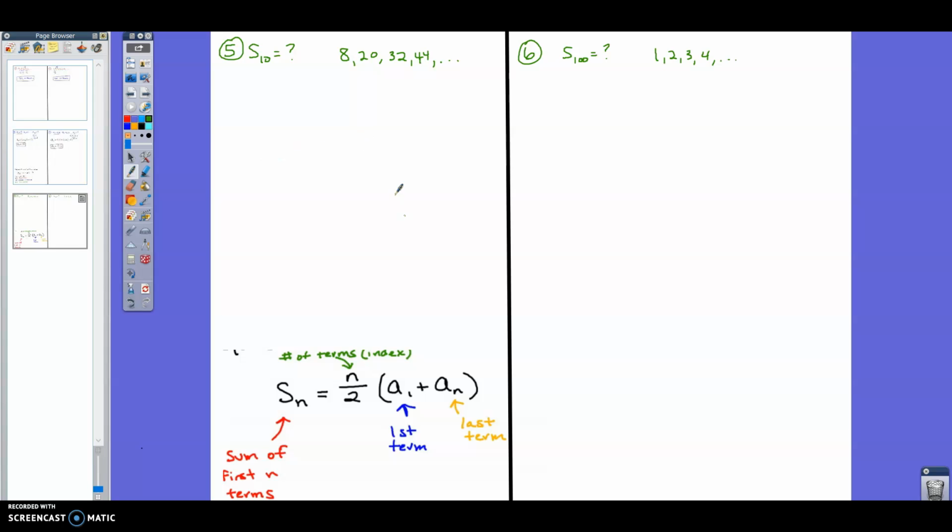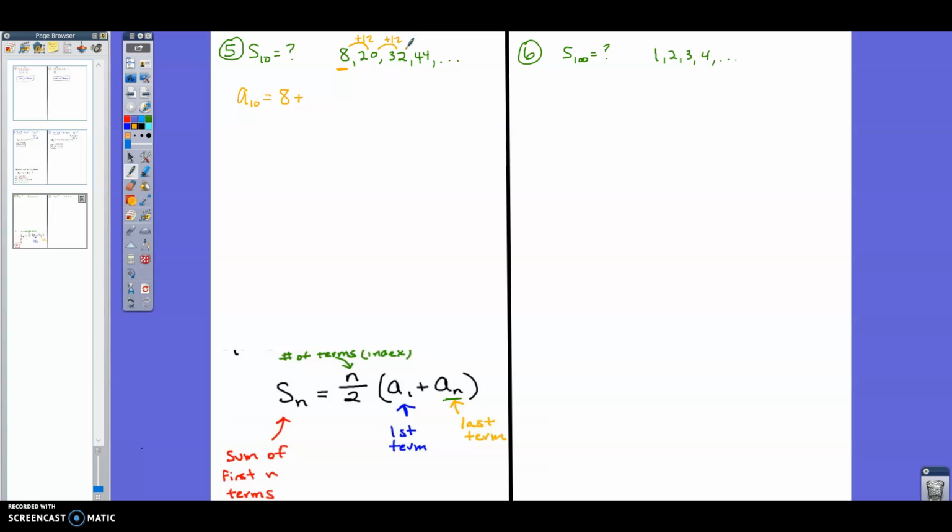Now, what we need here is, since we're looking for the 10th term, that is what An is going to be. So we need to find that first. So to find the 10th term, we're going to use that formula from earlier, which is A1, which in this case is 8, plus our common difference. So that's what we add going from one term to the next. So going from 8 to 20, we added 12.